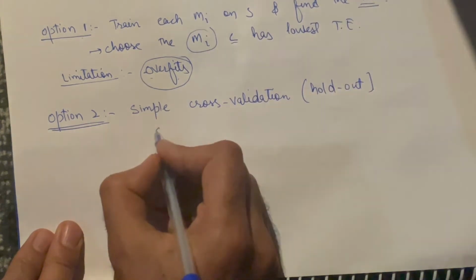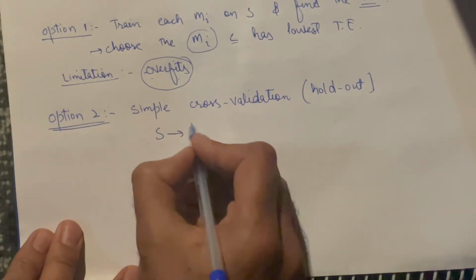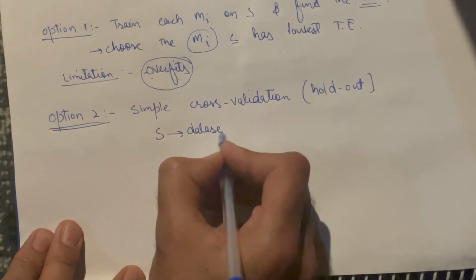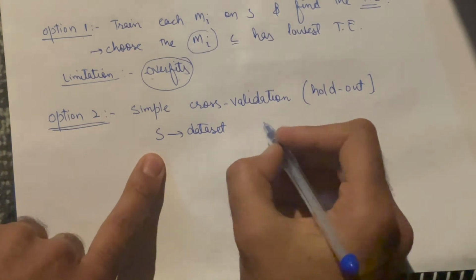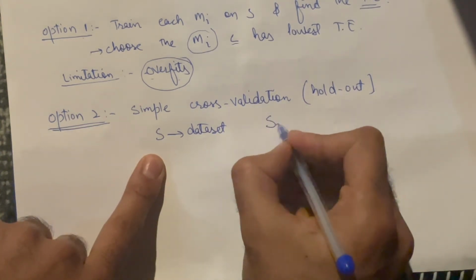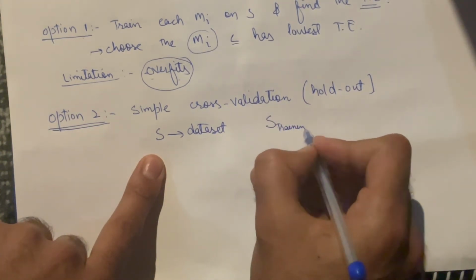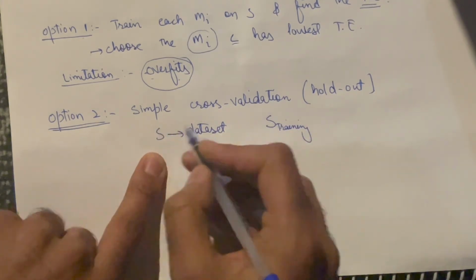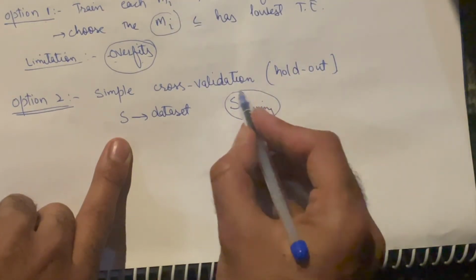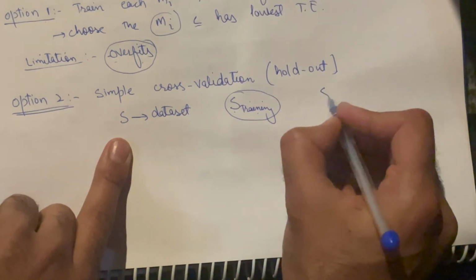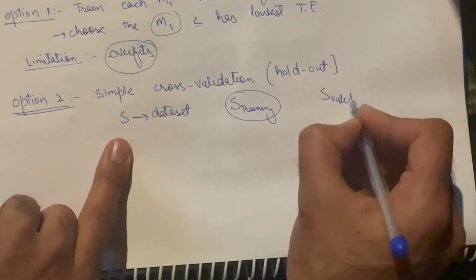S was our data set. We will divide this S into two parts. One part of the data set is called S training and the other part is called S validation.